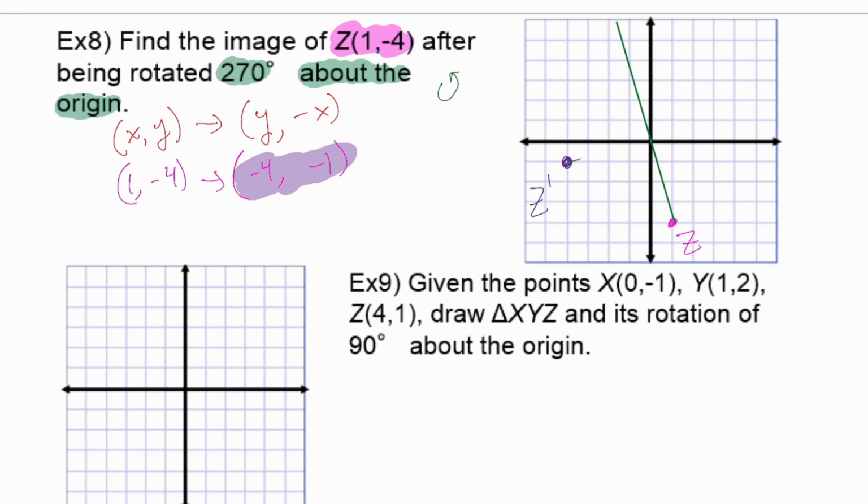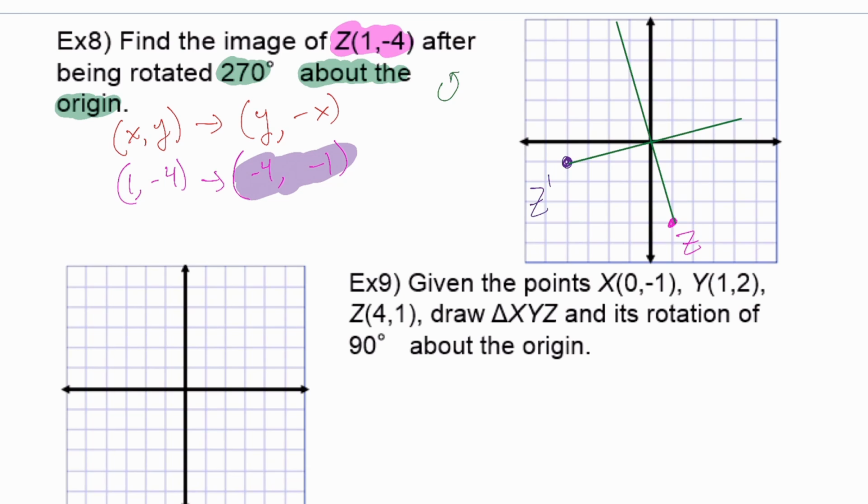I'll draw another line. Also goes through the origin here. And what I'm doing is at these points, since I'm over 1 and down 4, I'm going to go over 1 and up 4 on this side. So that creates this straight line.